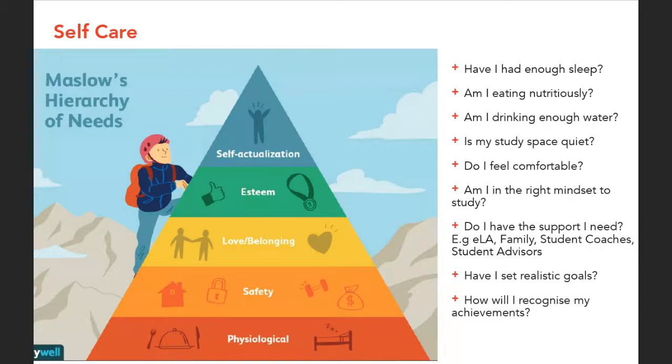All of those things are really important to get to the top of Maslow's hierarchy of needs here, with that self-actualization. So consider all those things so that you can be as successful as possible. Plan to succeed is a really great idea to live by, to make really good plans.